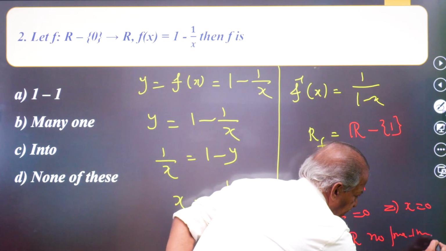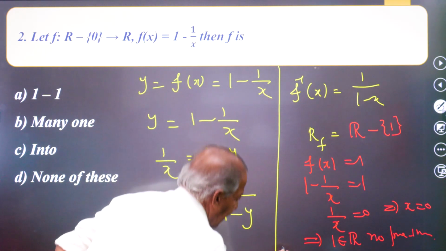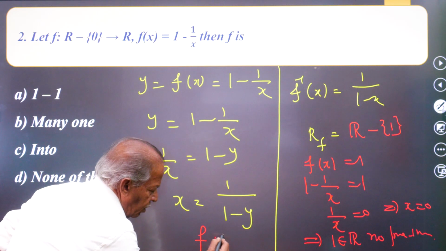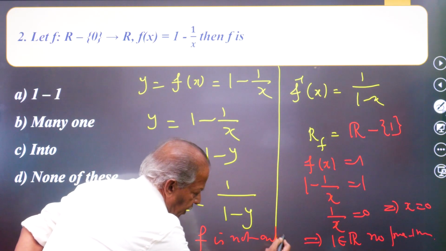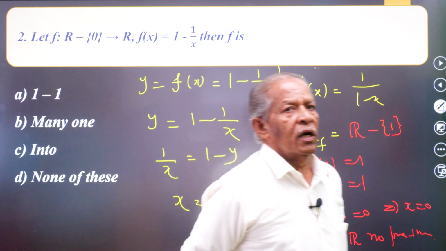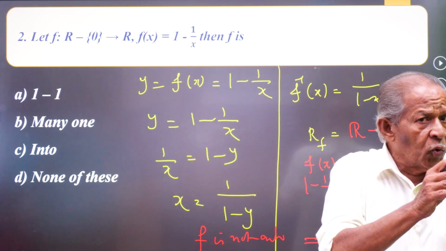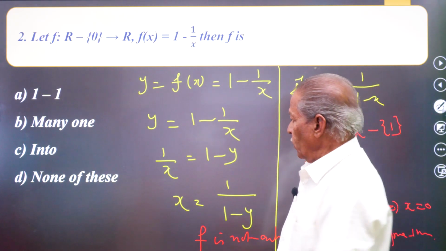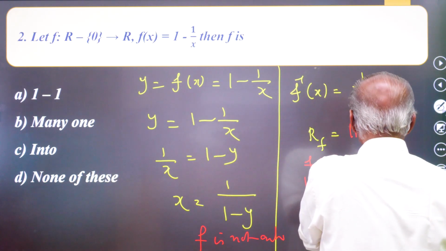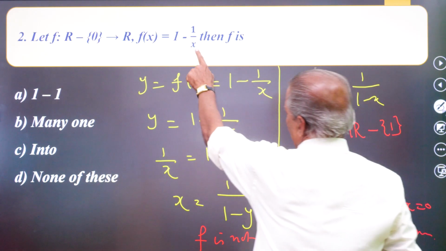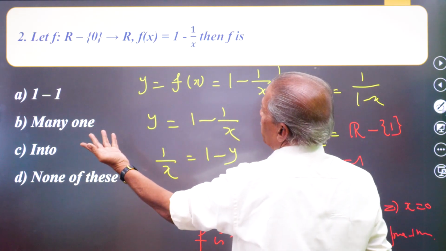Therefore, f is not onto. This function is one-one, but not onto. What is the reason? Already we proved it is one-one. Now, what happened? The 1 belongs to the codomain and has no pre-image here.